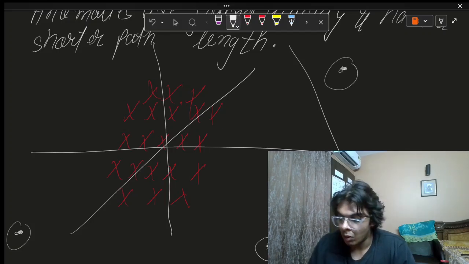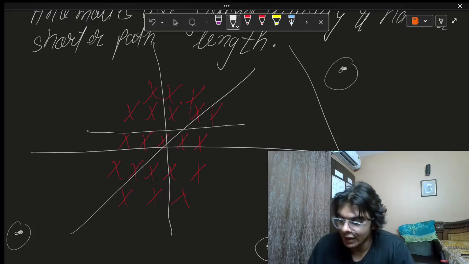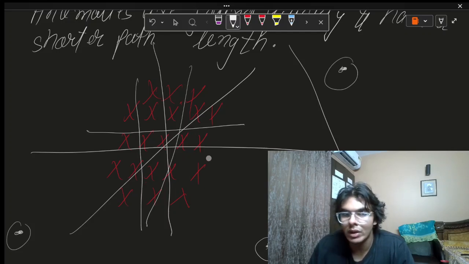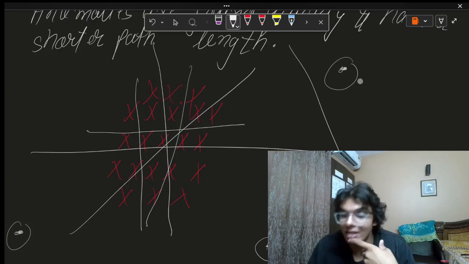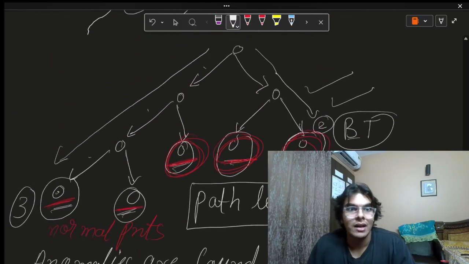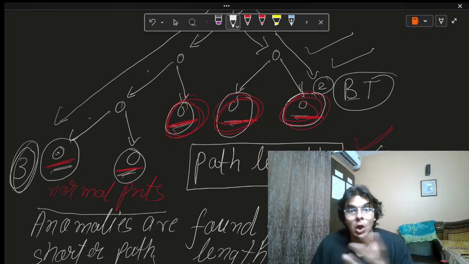Now, after this, the model still keeps creating all of the splits. So maybe it will make another split like this, another one like this, another one like this. So now it is only splitting the dense data. Okay, so it is taking a longer time to find the dense data, and a shorter time to find these anomalies, which is why the path length is going to be longer for the case of normal points, because normal points are a lot in number.